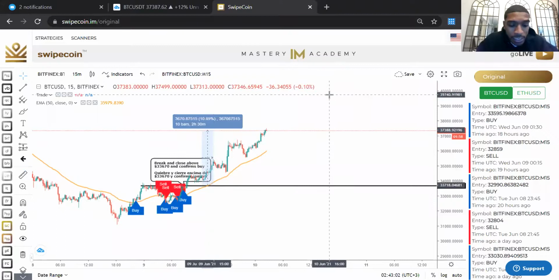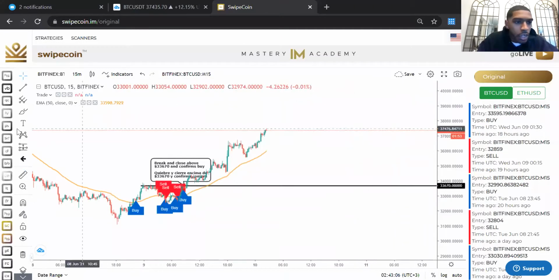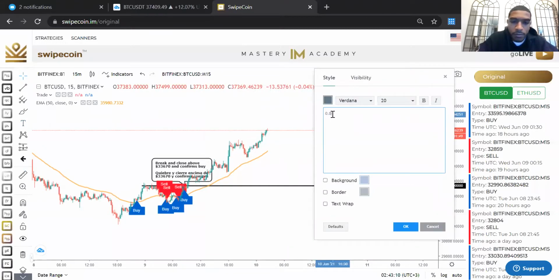On the lowest possible lot size, this is 10 cents per pip. We go up 3,670 pips. We're talking about 367 buckaroonies, all for following the alerts.